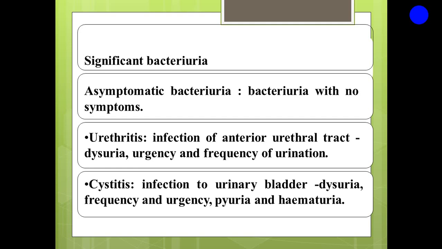Urethritis is infection of the anterior urethral tract, which has the symptoms of dysuria, urgency, and frequency of urination. Cystitis is the infection of the urinary bladder, which has the symptoms of dysuria, frequency, urgency, pyuria, and hematuria.